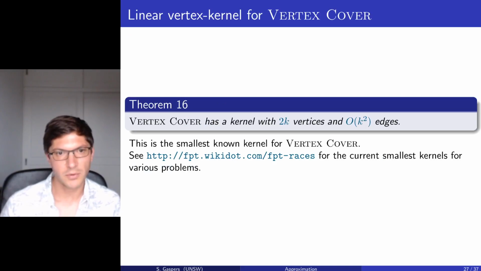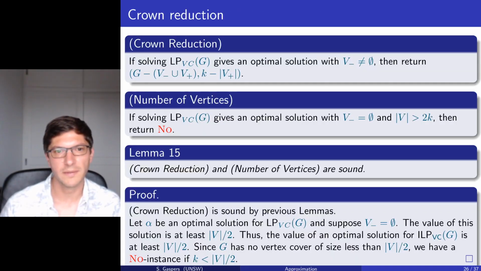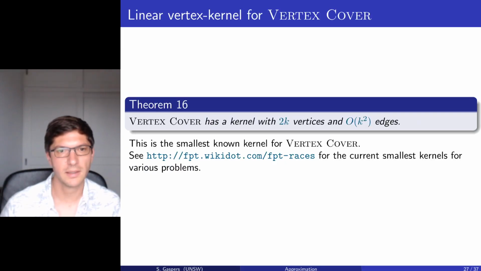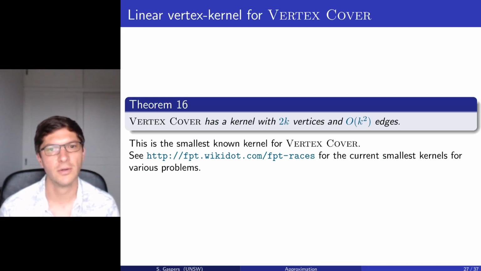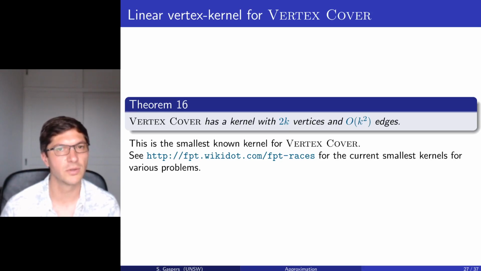So the number of vertices rule basically gave us a solution whenever the number of vertices was more than 2k. So we can conclude now that vertex cover has a kernel with 2k vertices and order k² edges. We still have order k² edges because the number of edges is at most quadratic in the number of vertices.